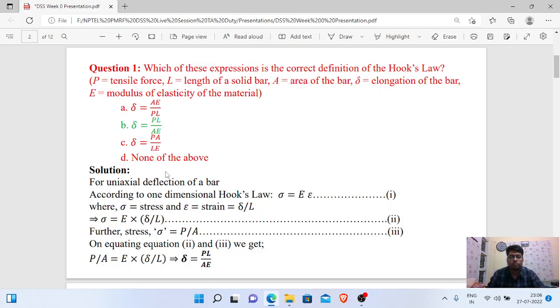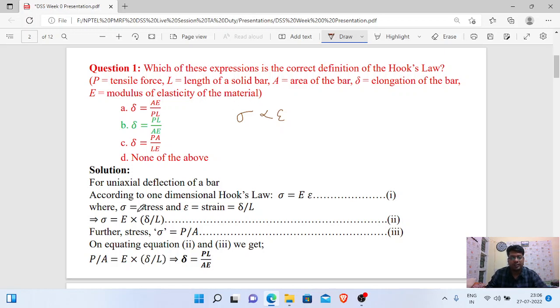Coming to the solution part, from the one-dimensional Hooke's law we know that stress is directly proportional to strain. When we remove the proportionality sign, we have to add a constant, and this constant is E, which is known as Young's modulus of elasticity or modulus of elasticity of the material.